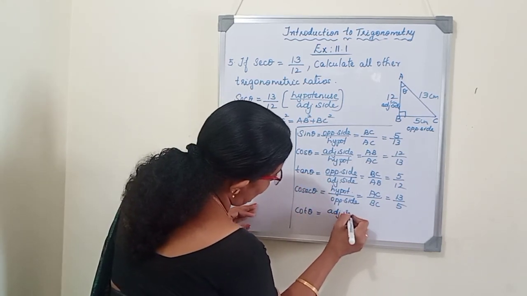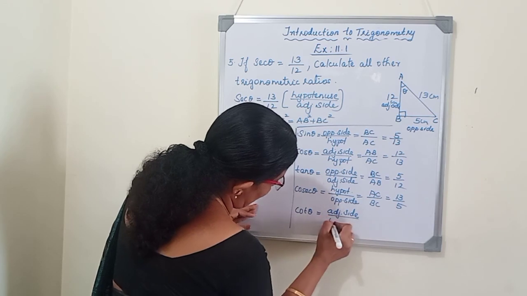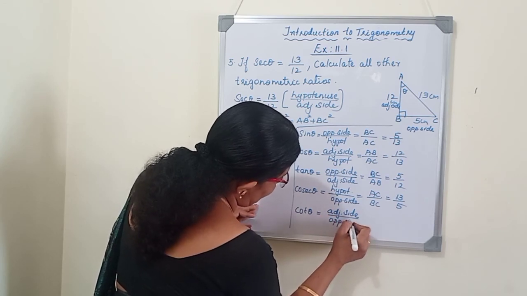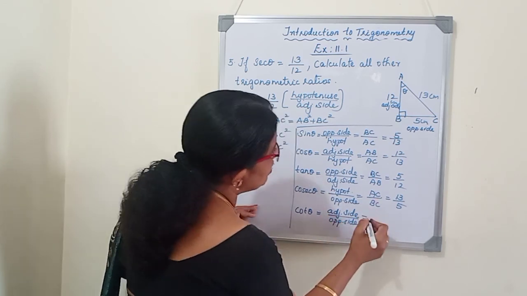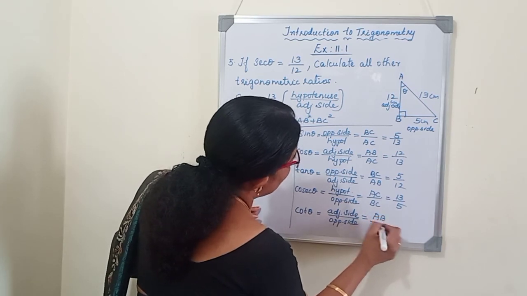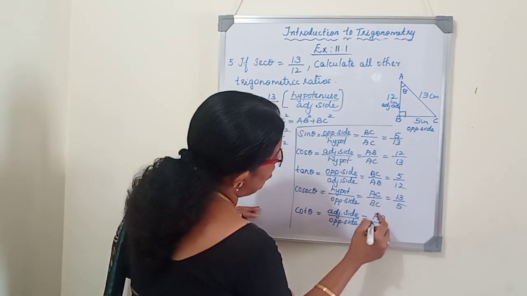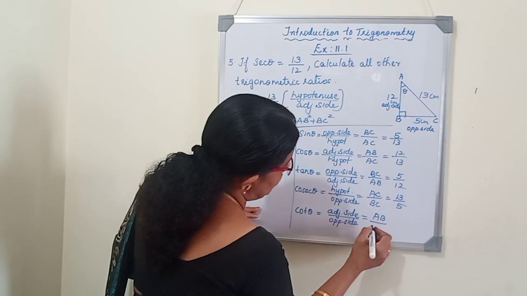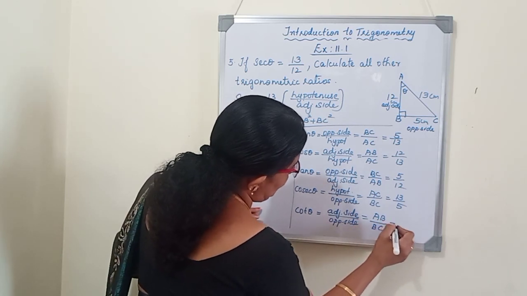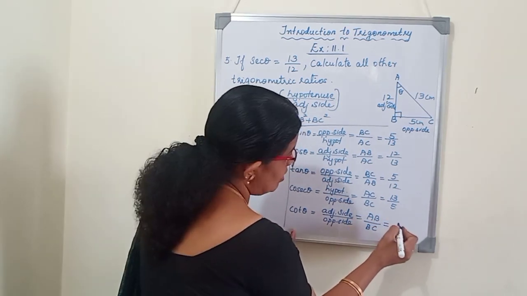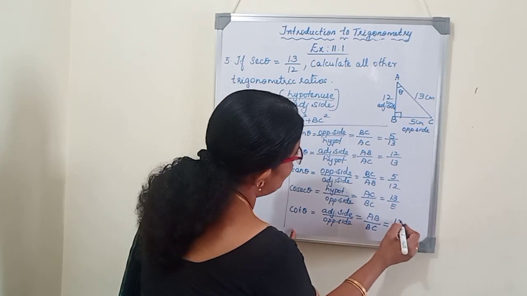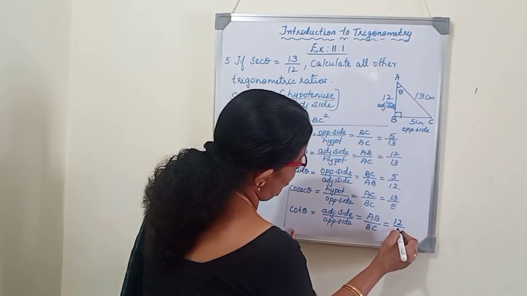So adjacent side by opposite side equals, adjacent side is AB and opposite side is BC. That is 12 by 5.